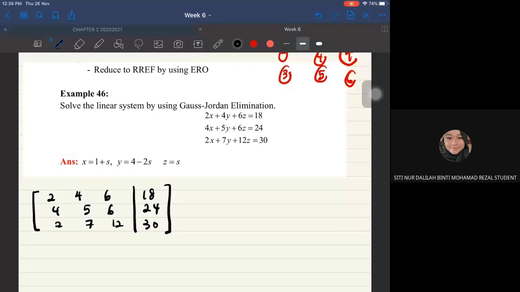So what will be the first operation? Kita nak jadikan 2 tu 1. So kita kena bahagi dengan 2. Betul? So that I will have 1/2 R1. So cuba proceed dan bagi saya matrik terakhir yang awak dapat.